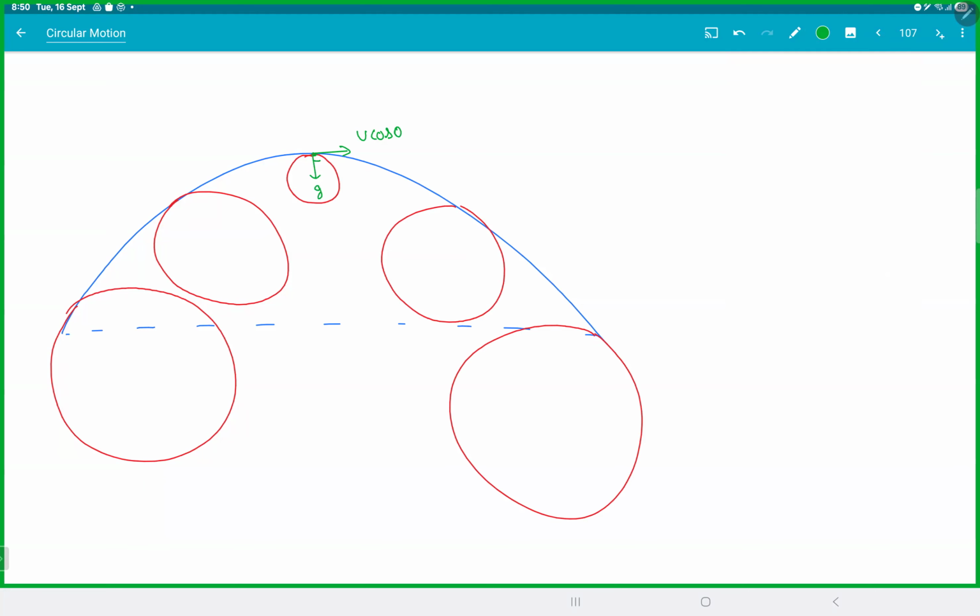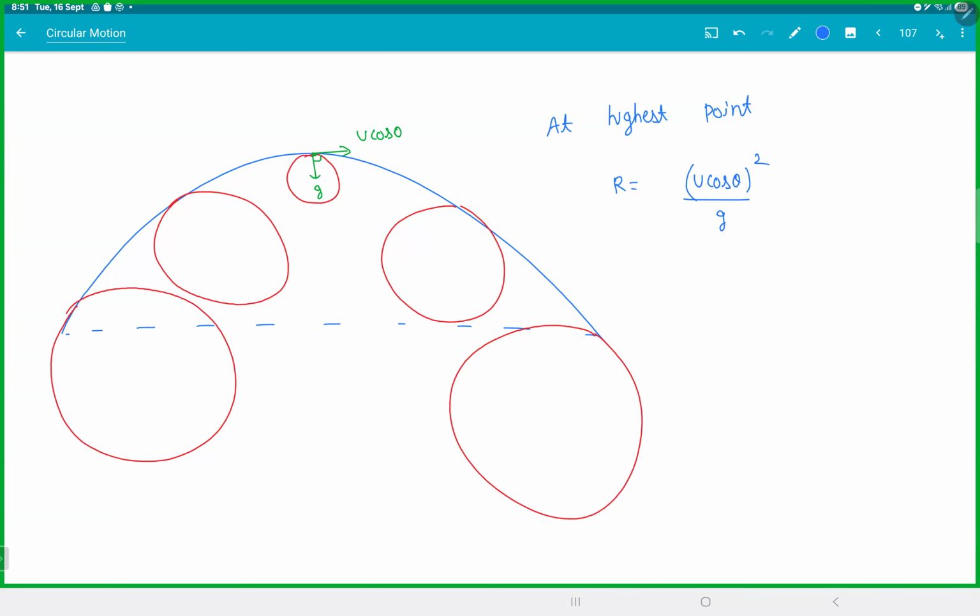So at the highest point, there's no tangential acceleration. The radius of curvature will be u square cos square theta by g.